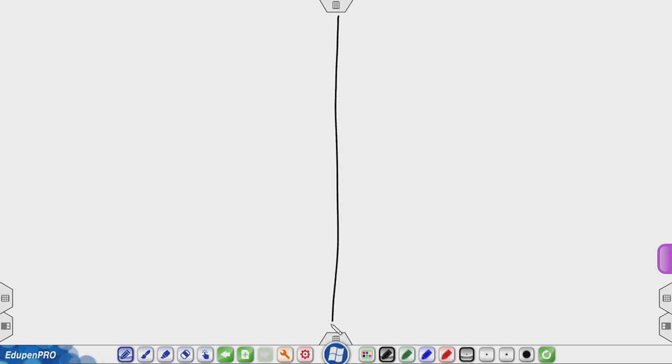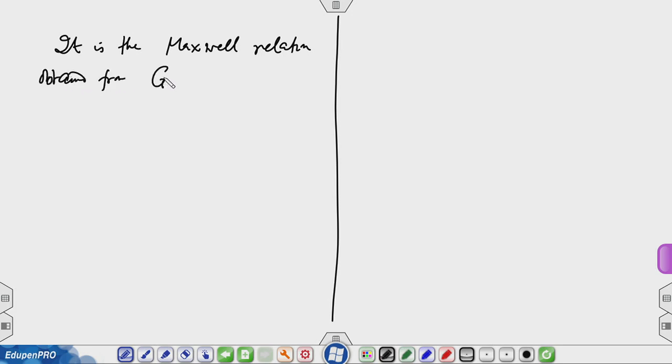Similarly, you can check for other systems, and finally, what you are going to get is the Maxwell relation obtained from G, the Gibbs free energy, that is appropriate for our purposes.